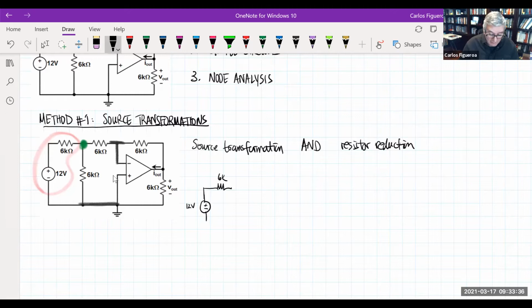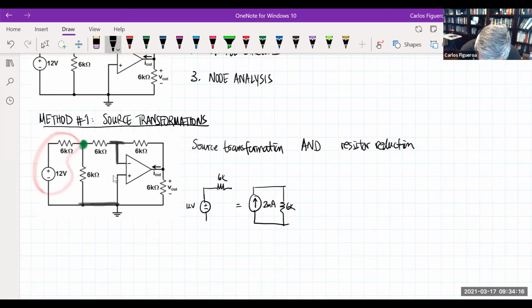Then I have a 6 and a 3 in parallel, so I'm going to have a current source that looks like this, and this is going to be 2 amps, or 2 milliamps. And then this is a 6K, and now I have three parallel 6Ks.